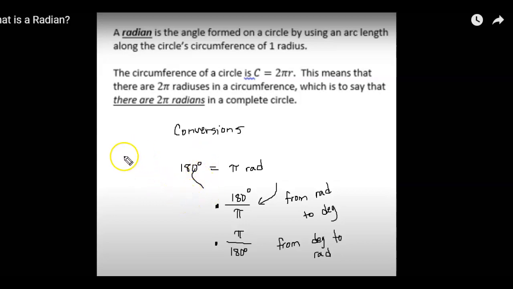So we can convert. If I know that something is 75 degrees and I want to know how many radians that is, I would just multiply it by pi over 180 degrees. So what happens is I get this lovely ratio. It's going to be a fraction, and we want to just reduce the fraction 75 divided by 180, and that reduces to 5/12.